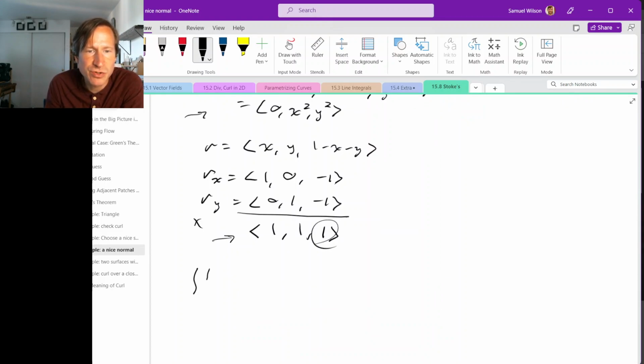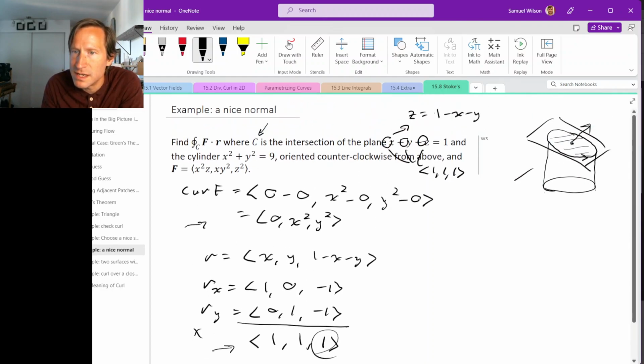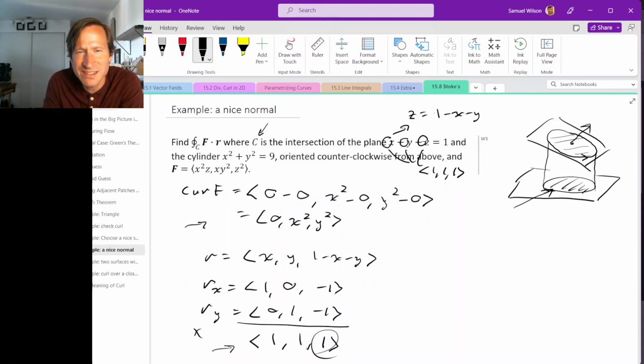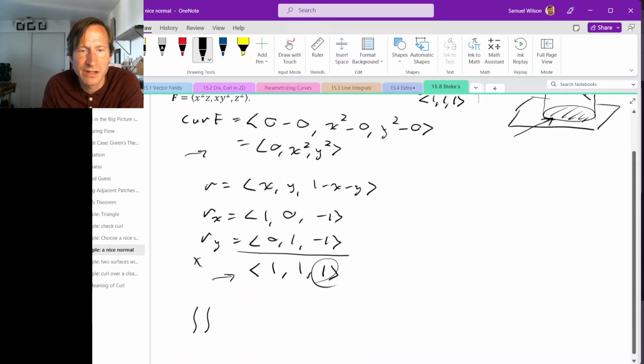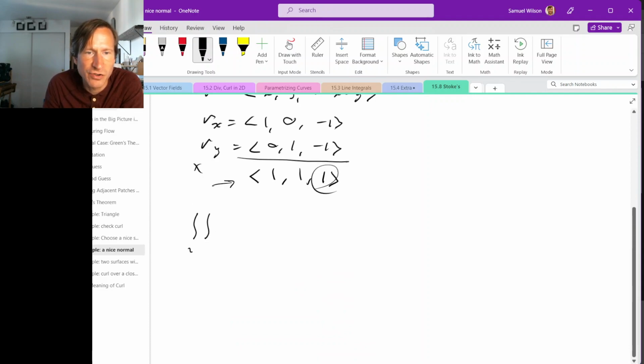So switching to the integral, now we used x and y as our parameters, so we're integrating over this disk in the xy plane, and this disk has radius 3. So we're integrating over x squared plus y squared less than or equal to 3. I'm sorry, less than or equal to 9.